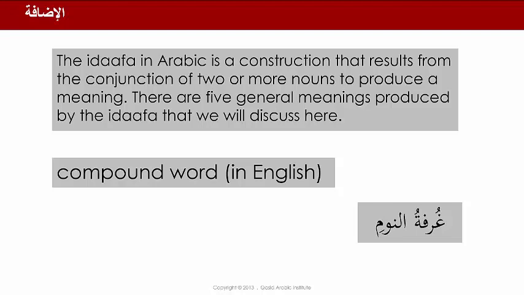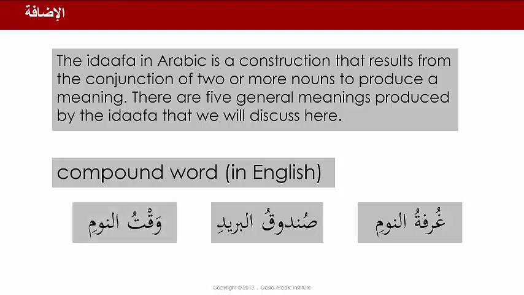Now that compound word in Arabic is going to function as an Idaafa. Ghurfatun nawm, the bedroom. Or sunduqul barid, the post office box. Or we can say waqtun nawm, bedtime. Waqtun nawm, the bedtime.